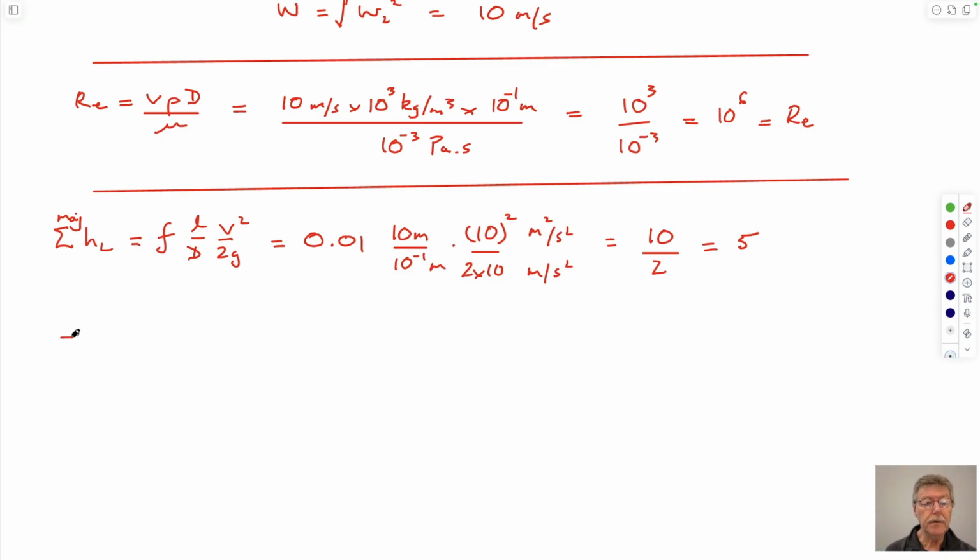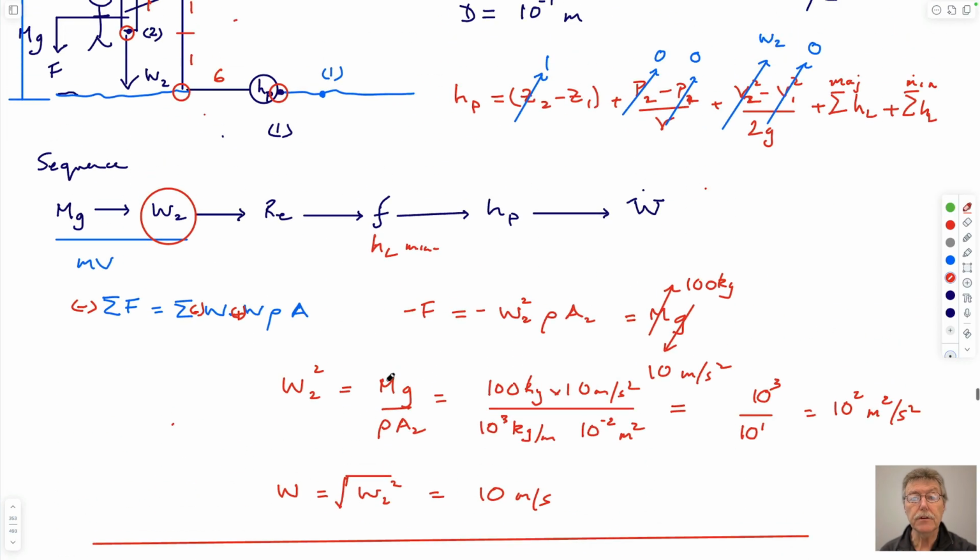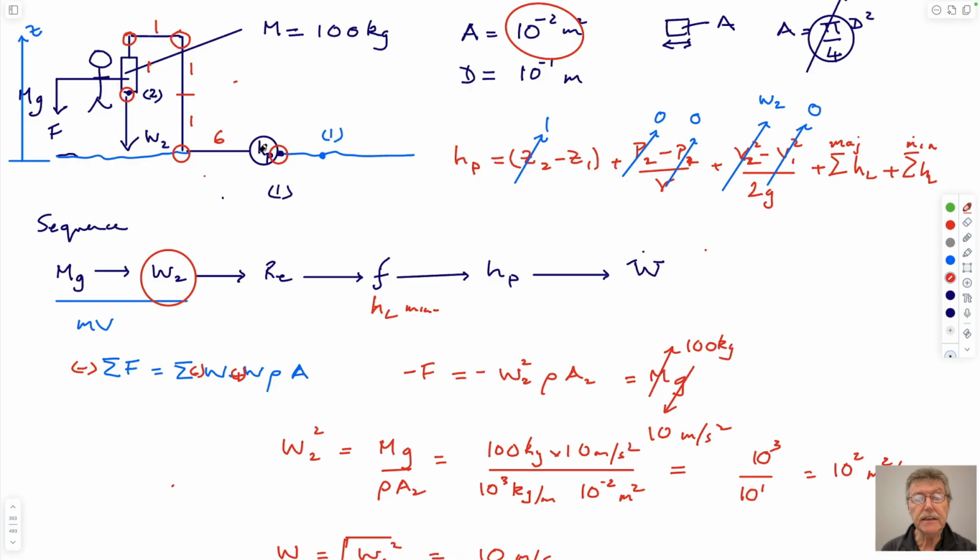So the minor losses are going to be HL equals the sum of KL times V squared over 2g. Yeah, I know what I did differently. Well, let's do it. We haven't said what those would be. So this is an entry or exit loss. This is a bend. This is a bend. This is a bend.